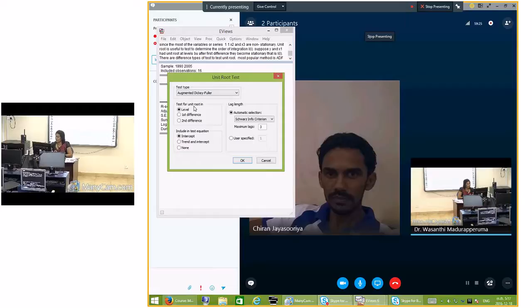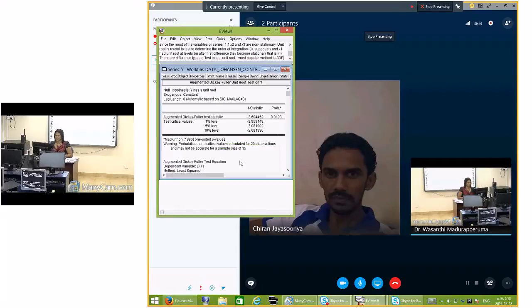Include the test equation: there are three types of equation, first with an intercept. For lag length, select automatic selection, and click OK. Right, here you can see the augmented Dickey-Fuller test statistic is minus 3.6.